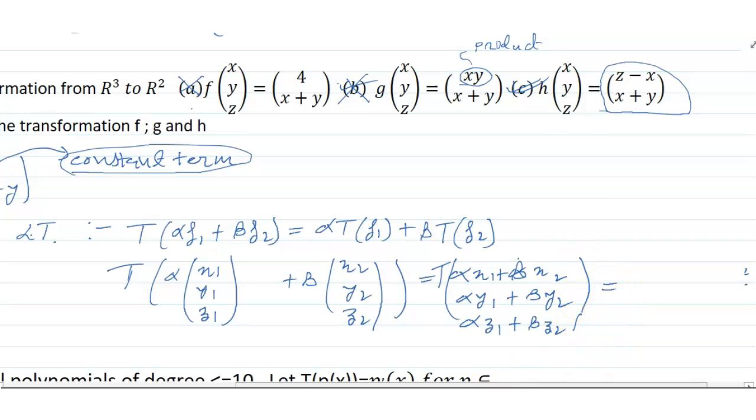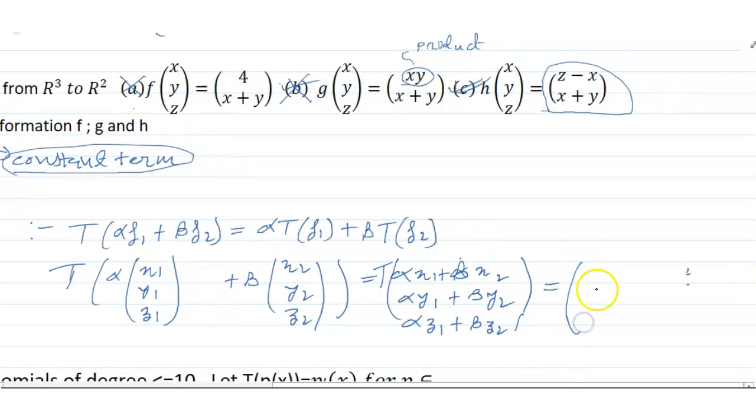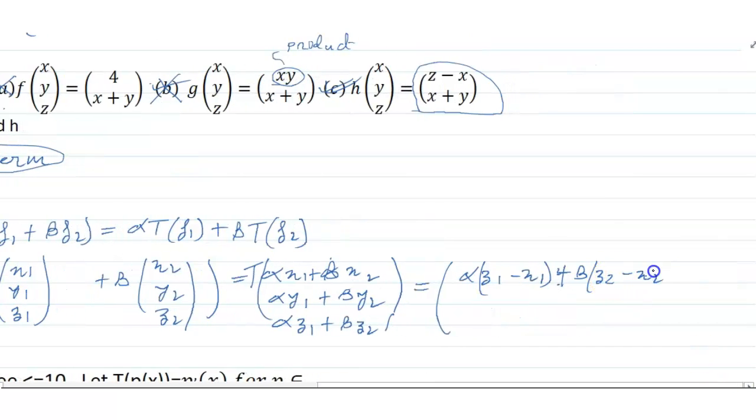This portion can be written this way: alpha z1 minus x1 plus beta z2 minus x2, and alpha x1 minus y1 plus beta x2 plus y2.